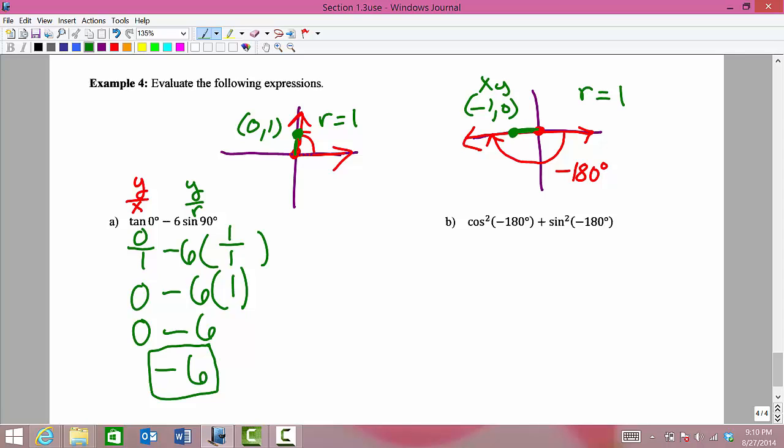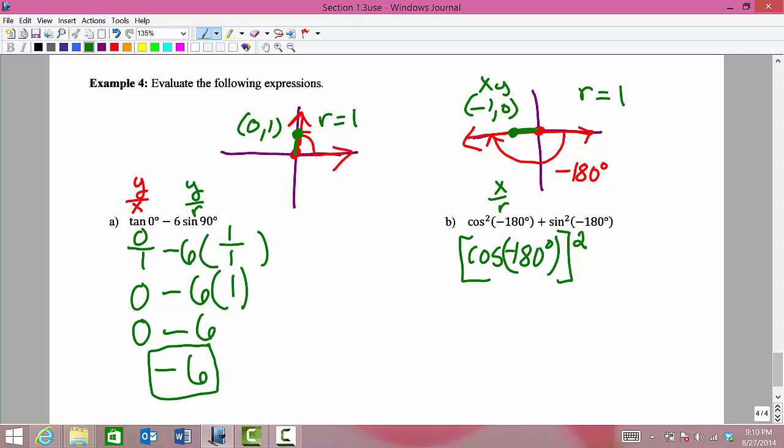So cosine, we know that's x divided by r. And when we say cosine squared, that means to find the cosine value of negative 180 degrees, and then after we find that value, then we are going to square it. So this is two different ways of writing the same thing.